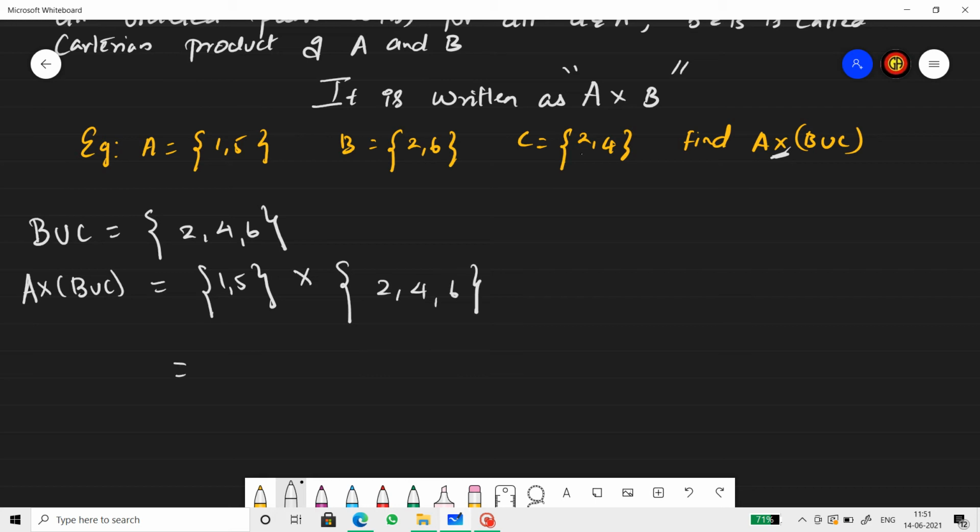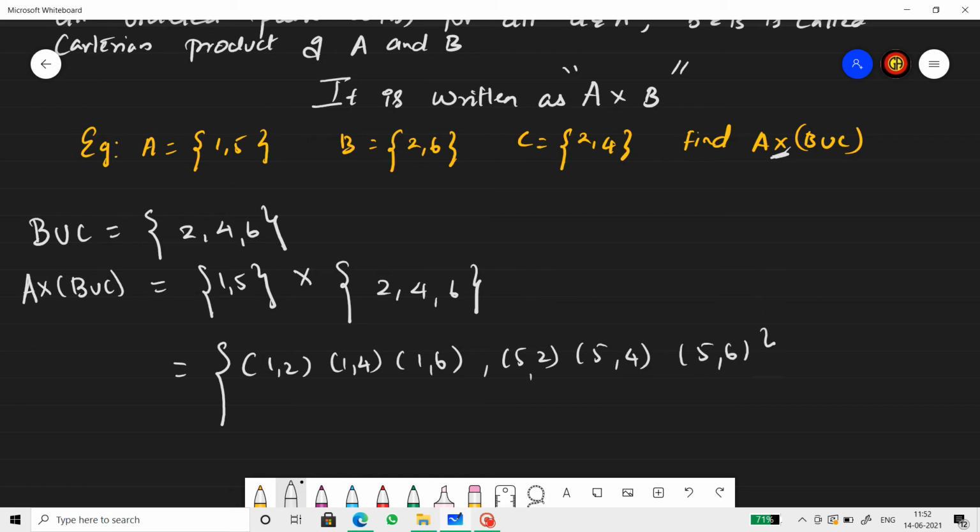Now, let's find the elements of A cross of B union C, which is inside a flower bracket, ordered pair (1, 2), (1, 4), (1, 6), (5, 2), (5, 4), and (5, 6). Right? So, every element of A will be paired with the next set. Likewise, the next element also.